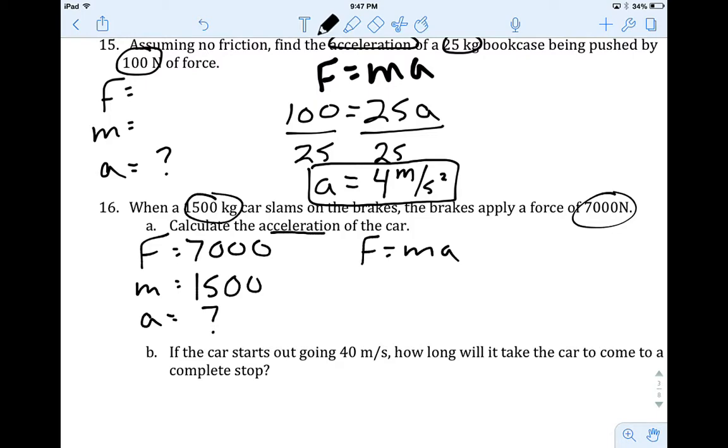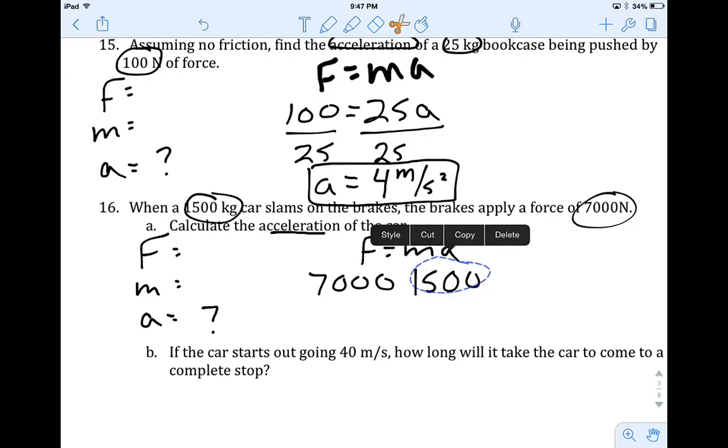It says calculate acceleration. So I've got 7,000 equals 1,500 times a.